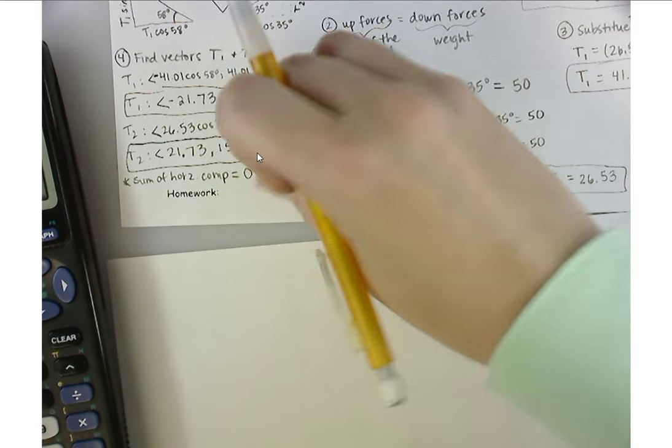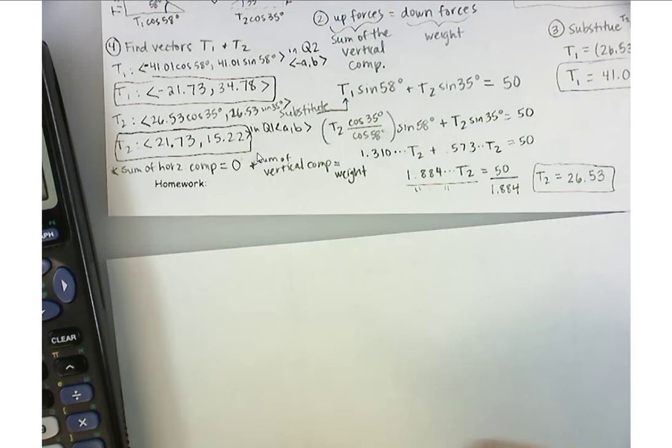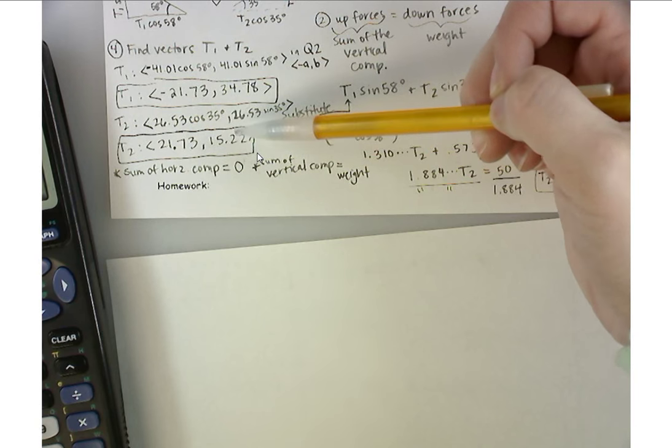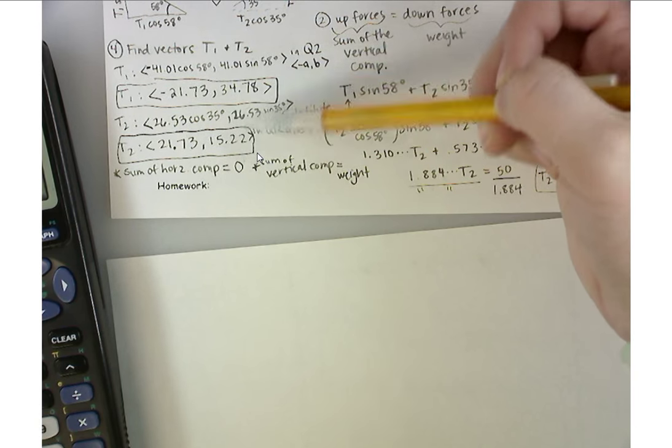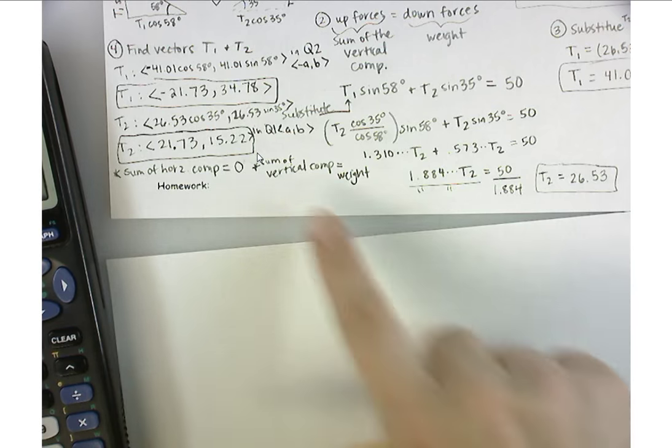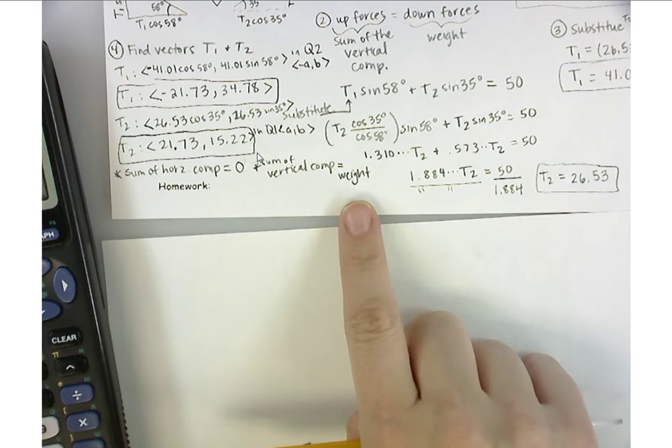Which again makes sense. Remember how the up forces have to equal the down forces? So these two forces together are going to equal the down force because those are your up forces. So that's a really nice way to check to make sure that you did everything correctly because the horizontal should always be 0 and then the sum of your vertical components should always be the weight.